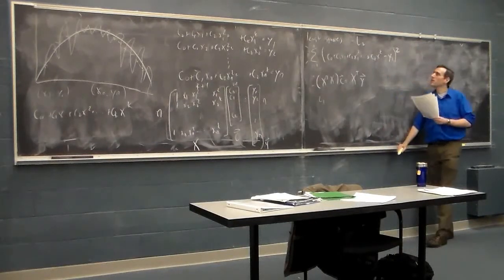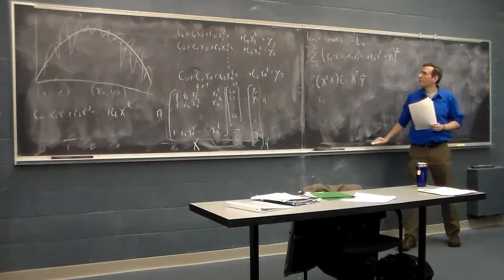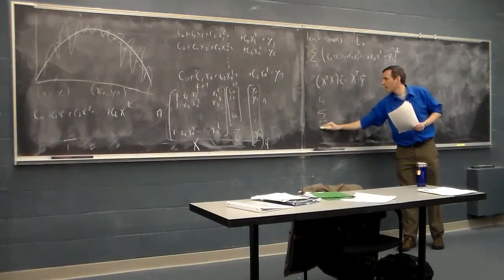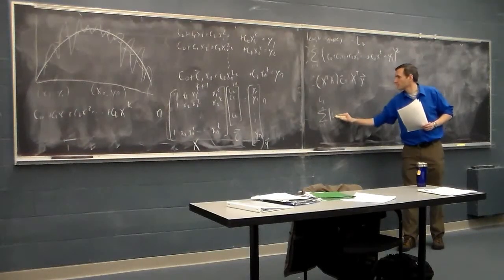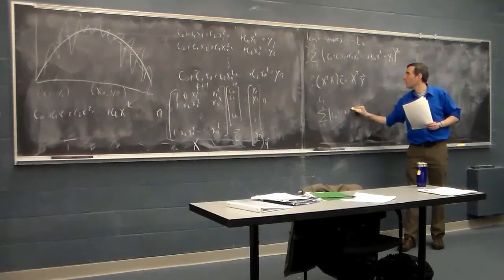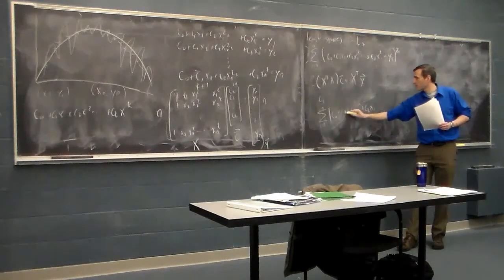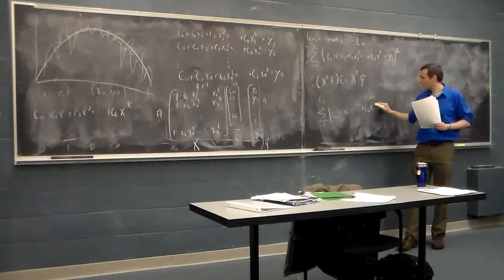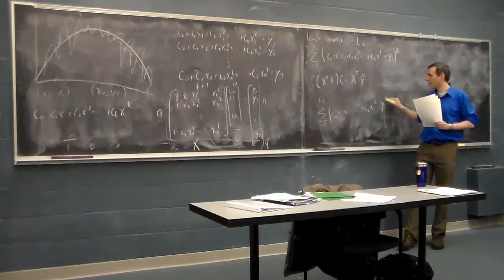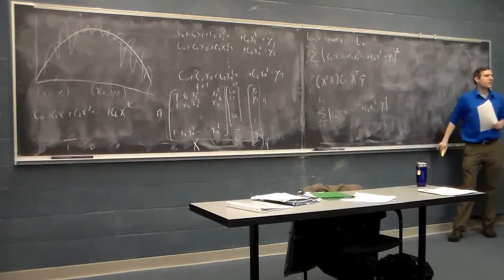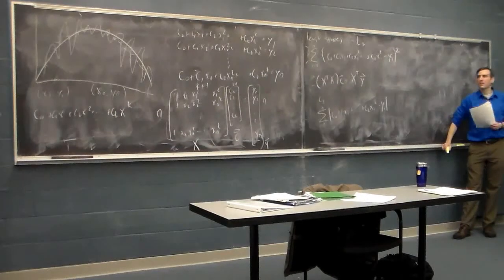The L1 norm is the sum of absolute values. So if we wanted the sum, i equals 1 to n, of c0 plus c1 xi, etc., up through ck xi to the k, minus yi, and just minimize the sum of absolute values of these, can anyone think of how we might find that solution?